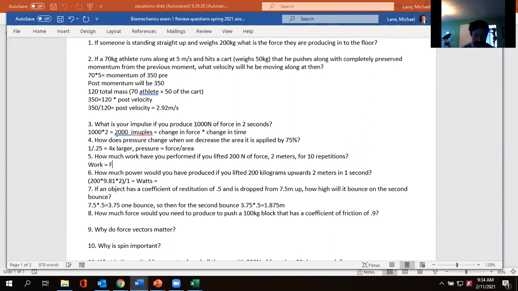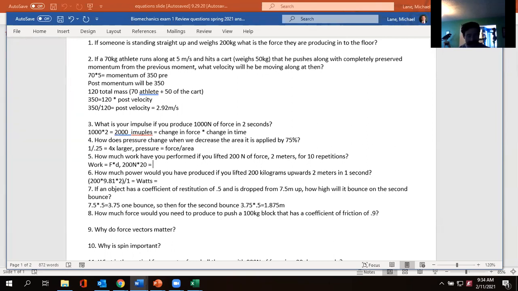Work equals force times distance. So it's literally going to be 2,000 newtons times, notice it's 2 meters for 10 reps, meaning we're going to have gone 20 total meters altogether.